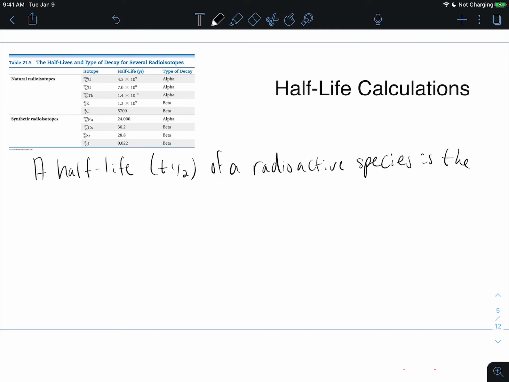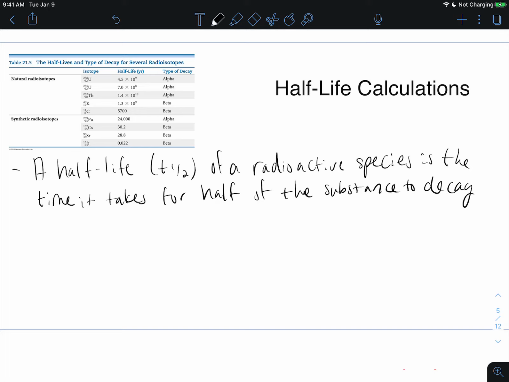Is the time it takes for half of the substance to decay. And it's going to be an exponential decay, so it's going to look like this.